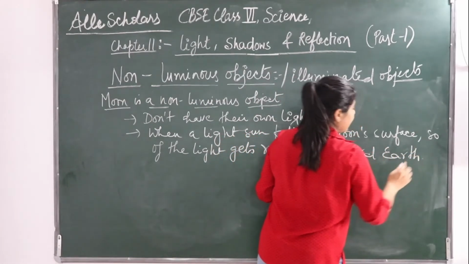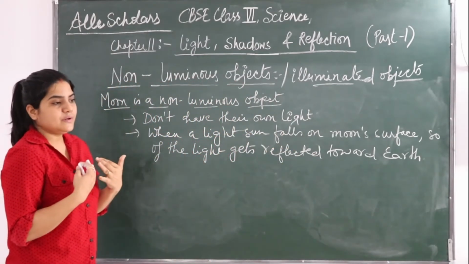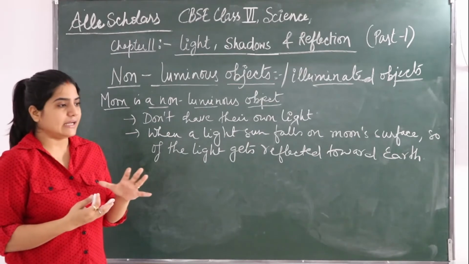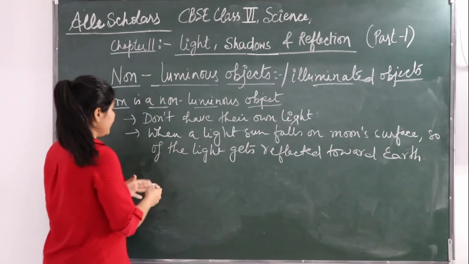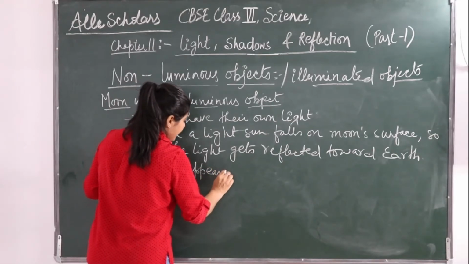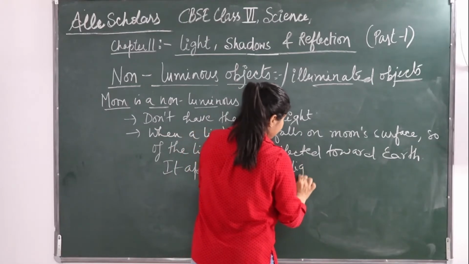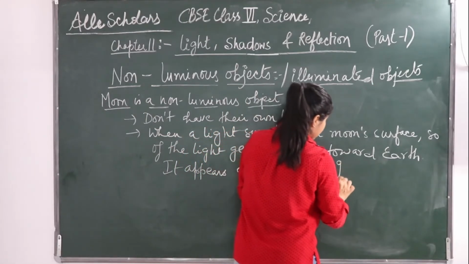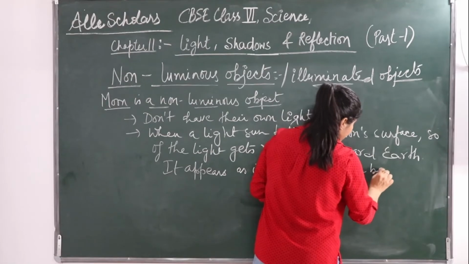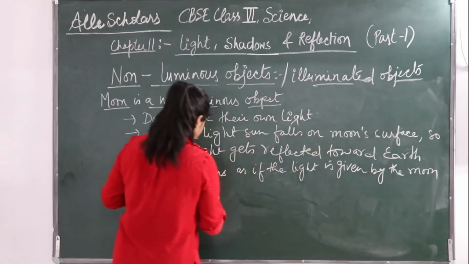Okay, so when this light gets reflected towards earth, we see it and it appears as if the light is being given out by the moon itself. Okay, it appears as if the light is given by the moon itself.